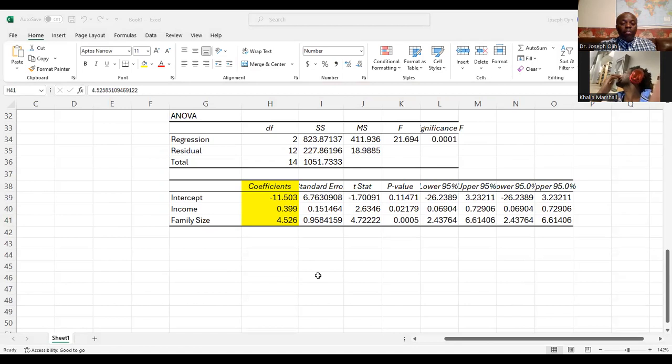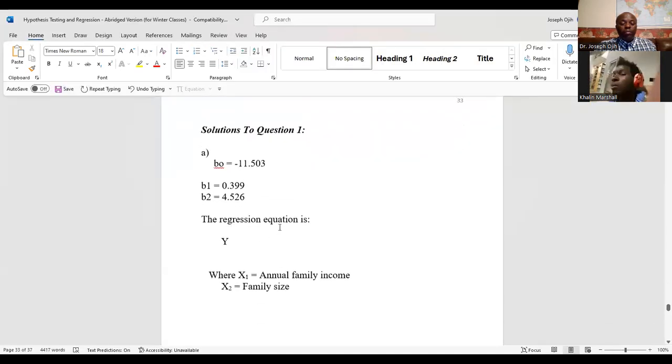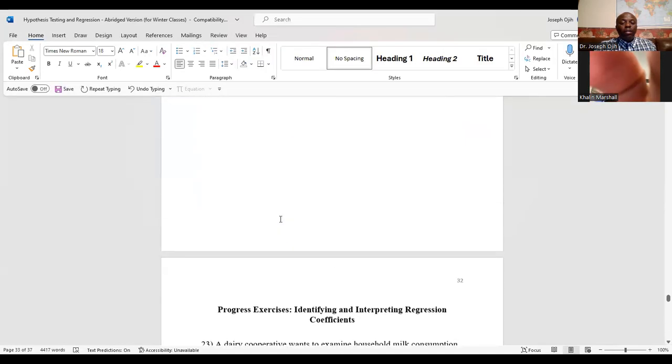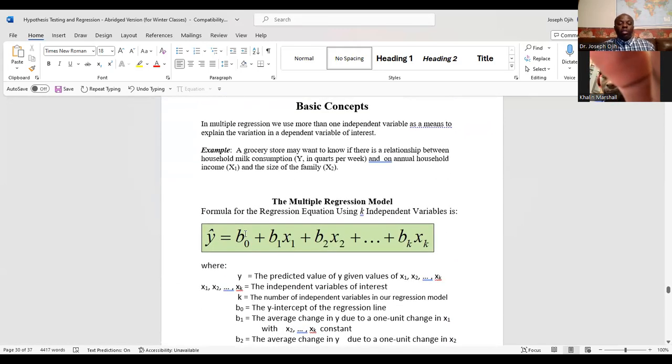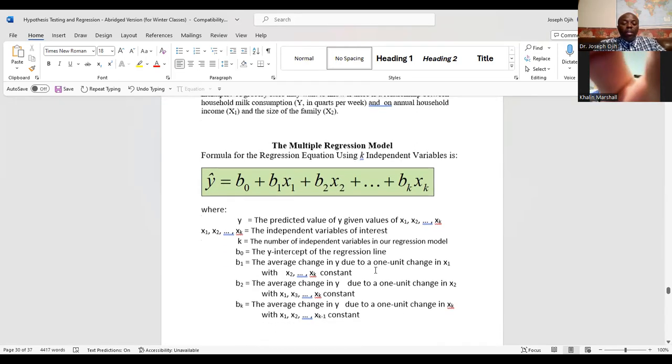Now with this, we can write the regression equation. If you look at the general form, it's like this: y equals B0 plus B1x1 plus B2x2 plus all the way to the last one.